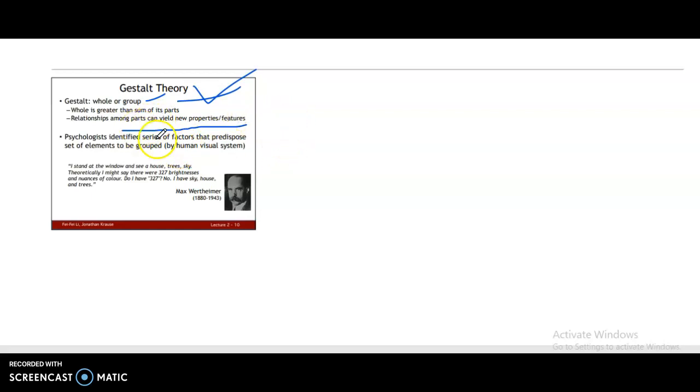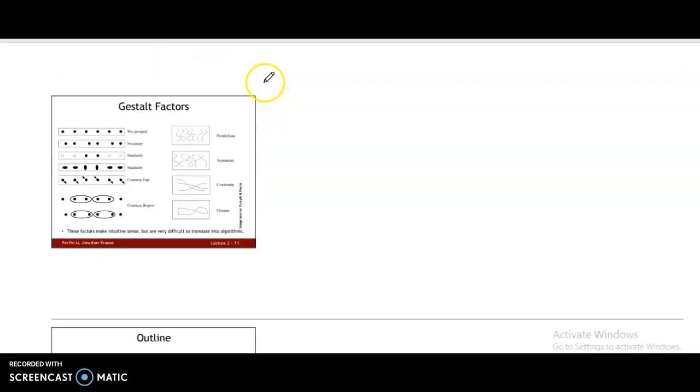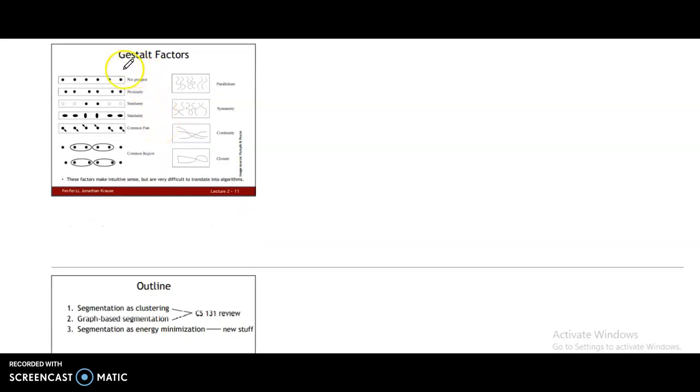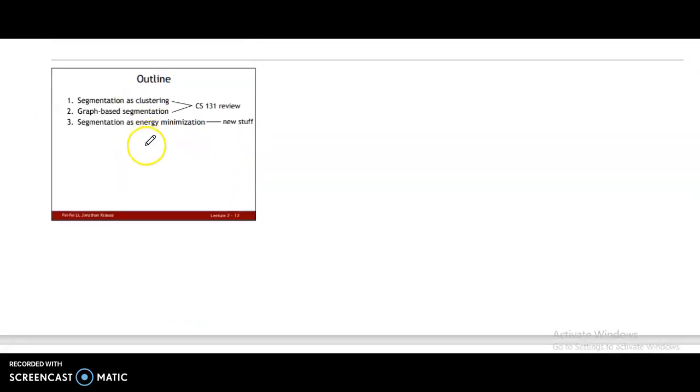Psychologists identified a series of factors that predispose a set of elements to be grouped by the human visual system. These all are Gestalt factors.